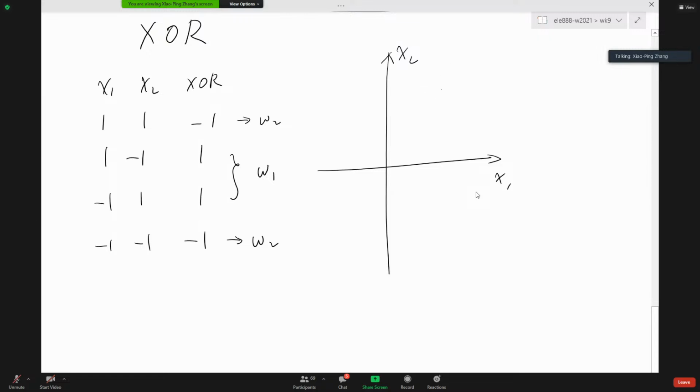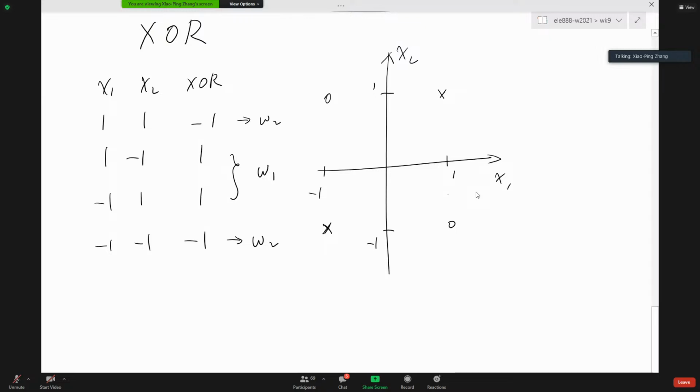Let's use the cross to represent 1, 1 and -1, -1, and here we have the circle. Now we want to classify between the circle class and the cross class. So this is not a linearly separable problem. However you draw your line, you cannot make this separable.